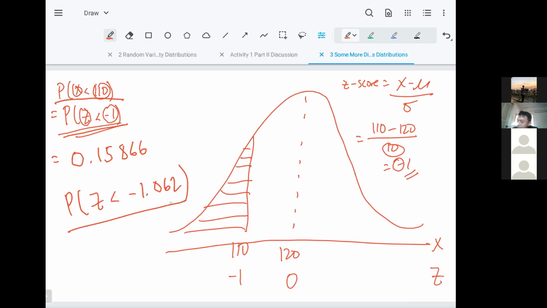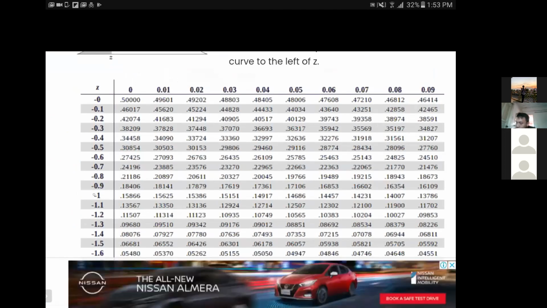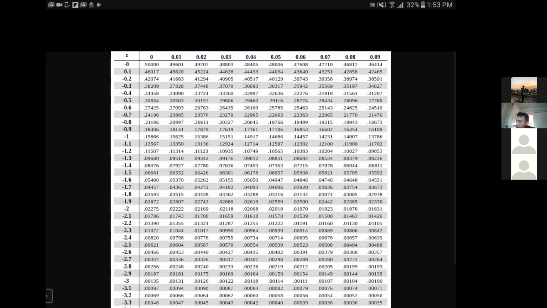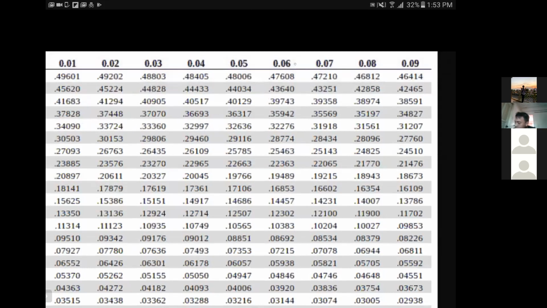Let's try answering this. Kunwari na-convert na natin sa z-score. Z-score niya is negative 1.062. First of all, our z-table is limited. Napaka-crude way nga of solving probabilities yan, so we have to round off. 1.06 lang, 2 decimal places lang ang kaya niya. So how do I find it here sa z-table? It's gonna be the row labeled negative 1.06, and the column labeled 0.06.